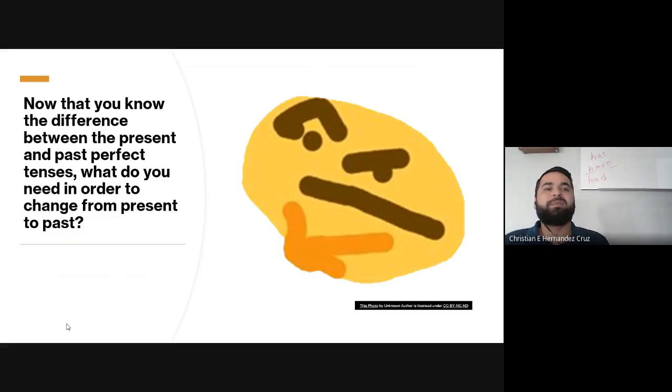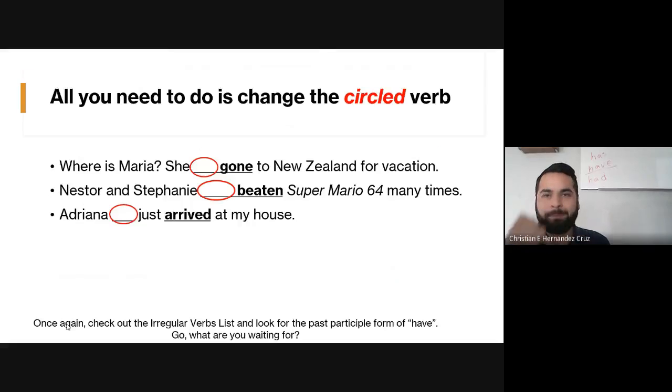Now that you know the difference between the present and the past perfect tenses, what do you need in order to change from the present to the past? All you need to do is to change the circled verb. So remember that circled verb, we use either has or have.